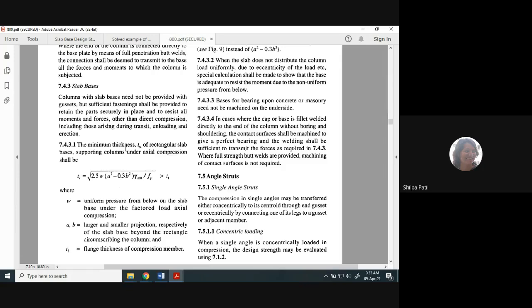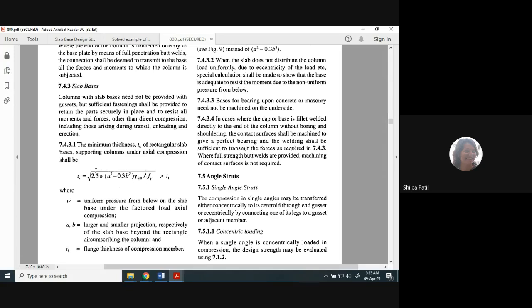The minimum thickness Ts of rectangular slab bases supporting columns under axial compression shall be Ts equal to under root 2.5 w into bracket a square minus 0.3 b square bracket complete into gamma M0 divided by fy.